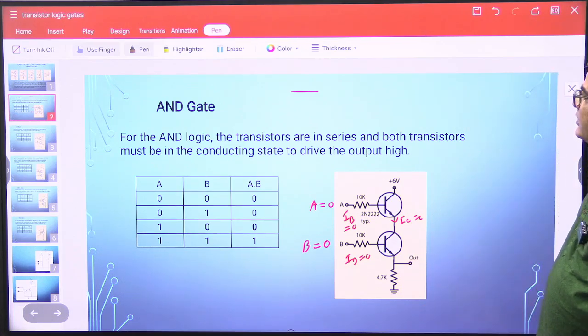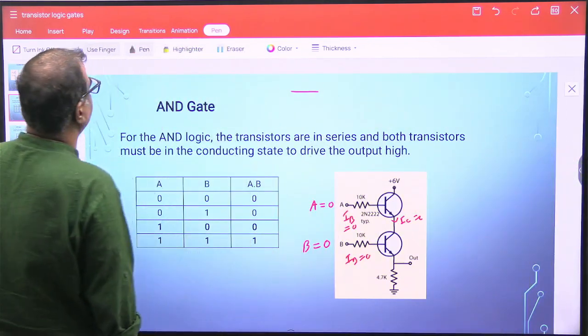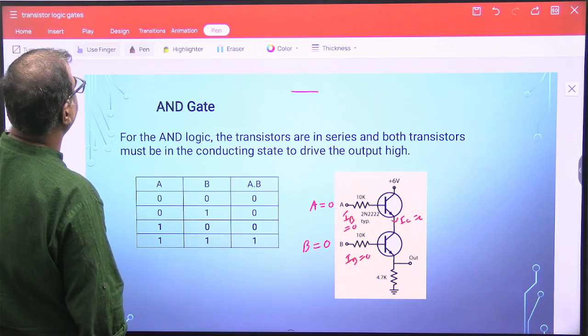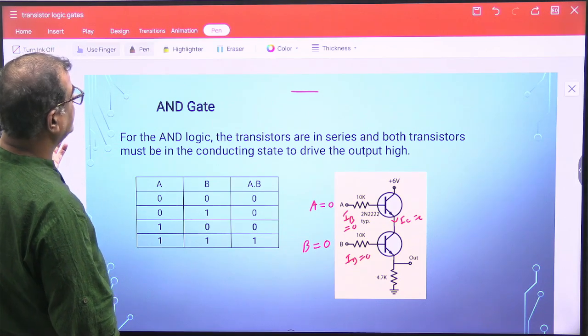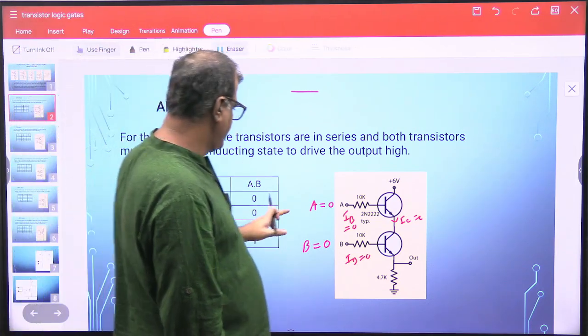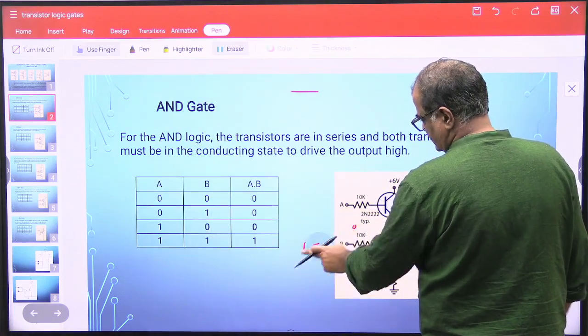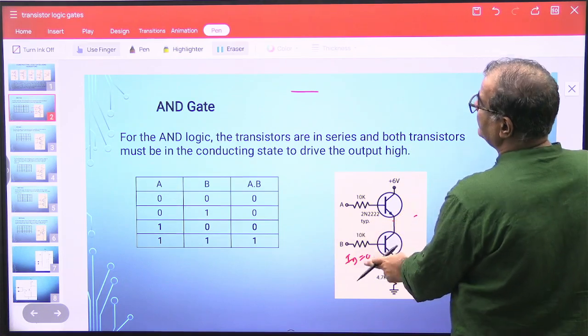Okay. Now इसमें back कैसे जाएंगे? Undo. Eraser कहाँ है? Okay. Now you see that. कहाँ पे? Undo.